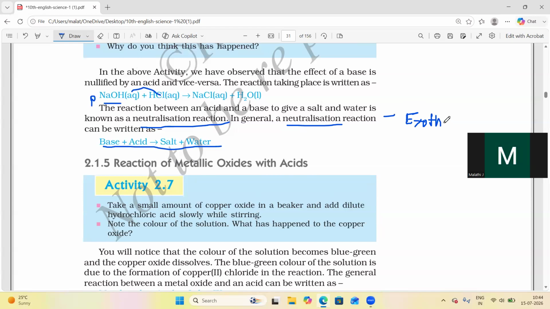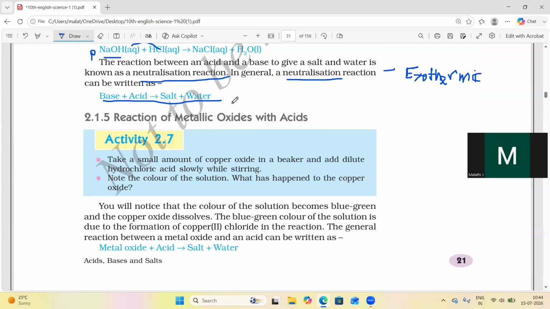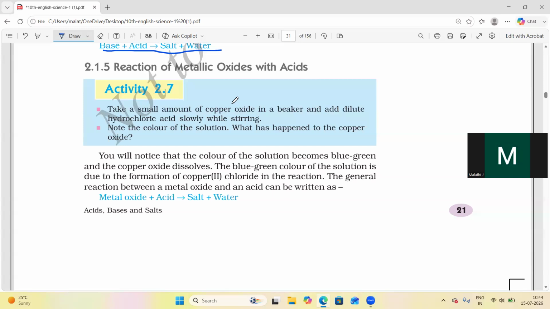Why are neutralization reactions exothermic? One question you may get in exams: it is because when acid and base react with each other, along with the products, there is liberation of heat.